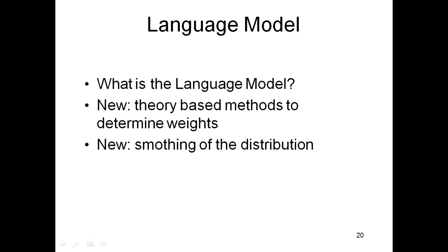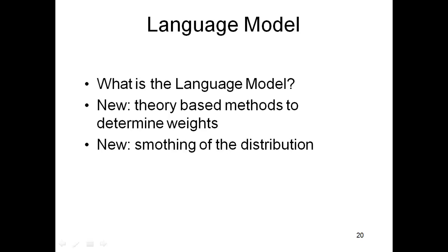Basically, that's a theory behind to determine weights, and interesting new is also that distributions are smooth, that we assign non-zero probabilities to all words, and that is basically it.